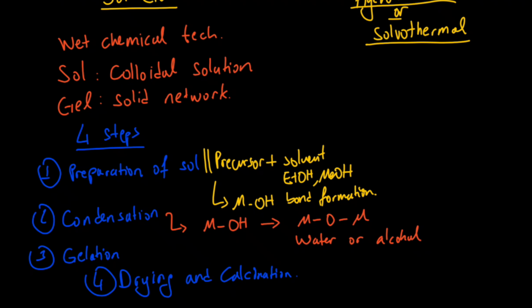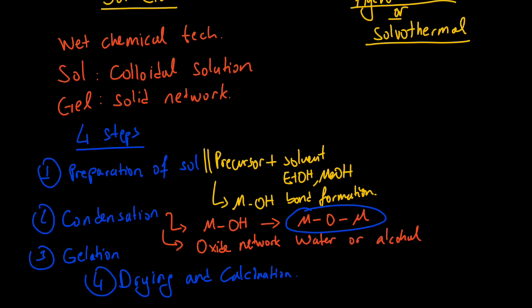And this process produces a growing oxide network. So at the end we will have an oxide network, which is something like this, right?